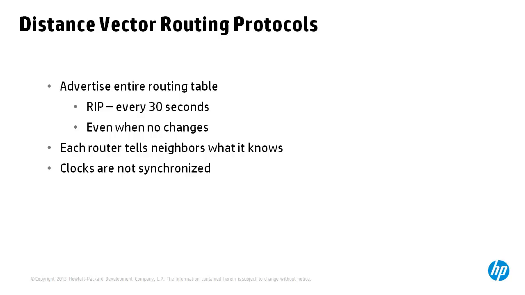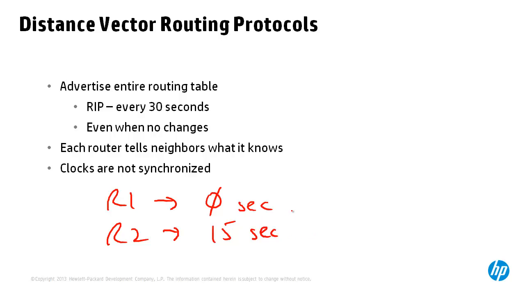If you enabled RIP on router 2 at time 15 seconds, that means that there's a 15-second differential between the two routers. So on router 1, time 0, you enabled RIP. On router 2, at time 15 seconds, you enabled RIP. 15-second difference between the updates on these two routers.